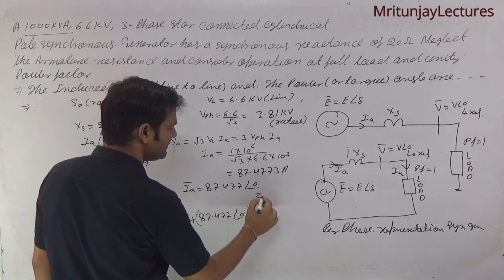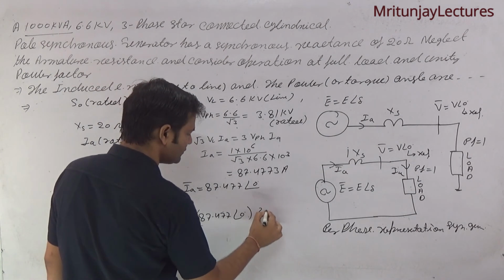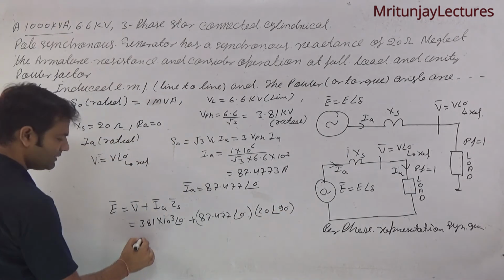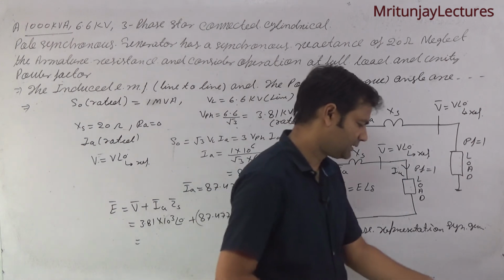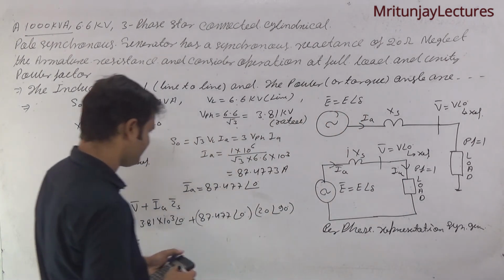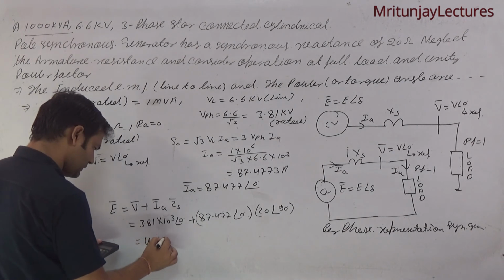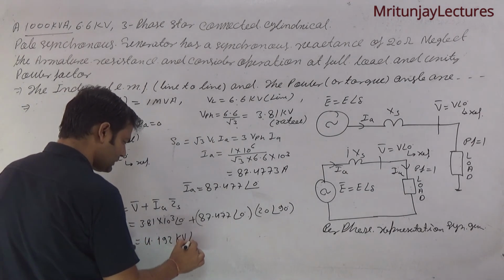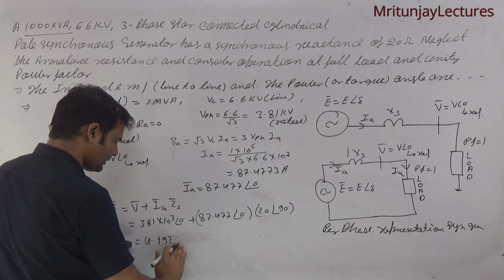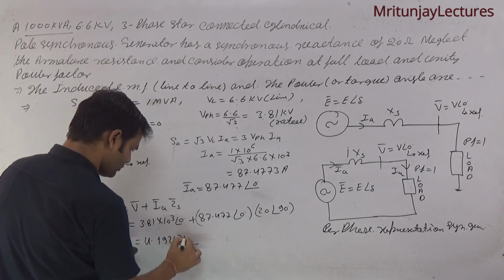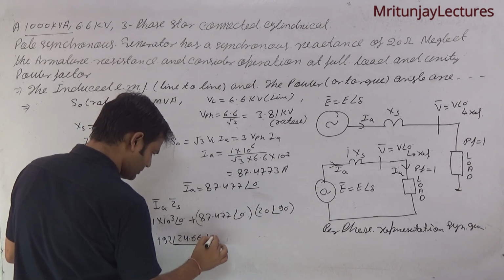ZS is 20j, so 20 at the angle 90 degree. Clear? Finally it is written as 4.192 kilovolt at the angle 24.66 degree.